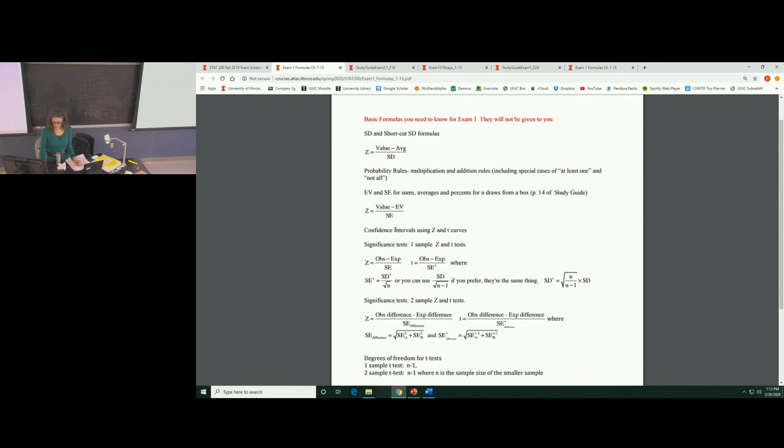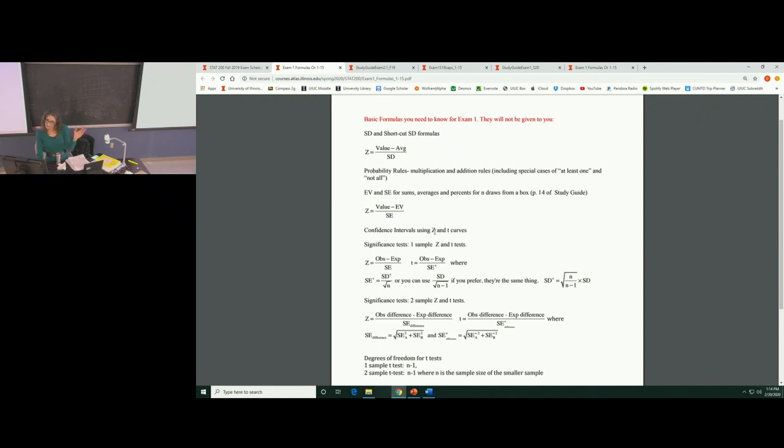So, and then you have these confidence intervals where you need to do what? I didn't write it down here, but you remember what you do. The confidence intervals, when you're trying to estimate a population from a sample. So you take your sample point estimate, your sample statistic, and you add and subtract a margin of error that corresponds to either the z or the t curves, is what we looked at.